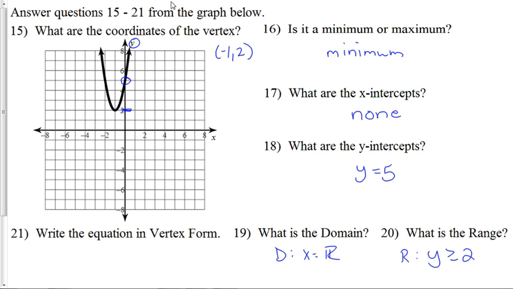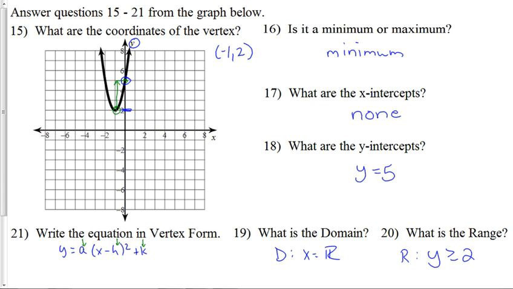The last part has you writing the equation in vertex form. And remember, vertex form looks like this. So we need to plug in a value for a, and then h and k are just the vertex numbers. So a has to do with the slope of that very first point to the second point, vertex to the next point.